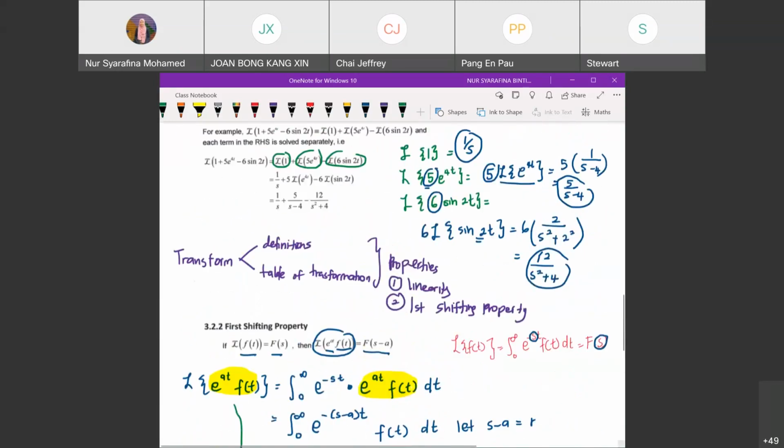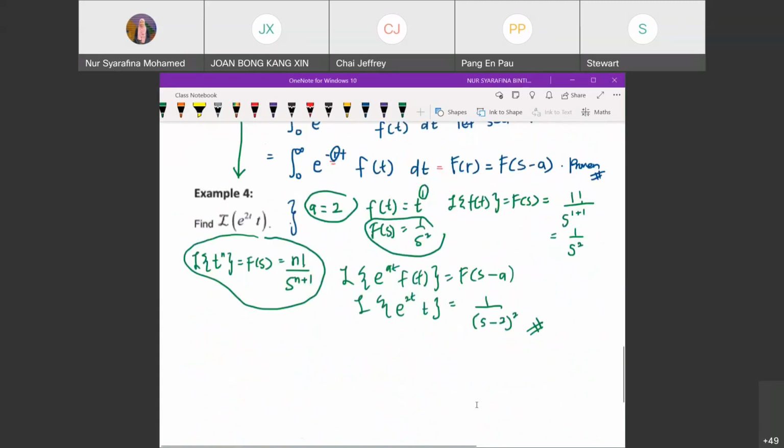Okay, let's try another example. Let's do this together. Again, first shifting property. So mapping to the first shifting property, you know that transforming exponent at times with f(t) will give you F(s minus a).